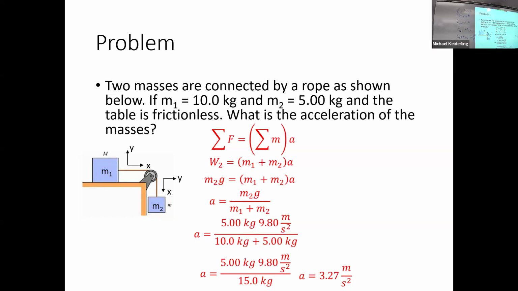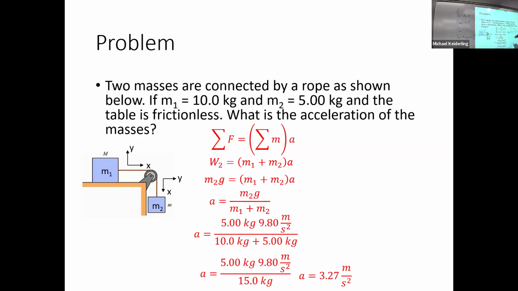You could also get this by putting together the system of equations where tension equals mass 1 times acceleration, and weight 2 minus tension equals mass 2 times acceleration.